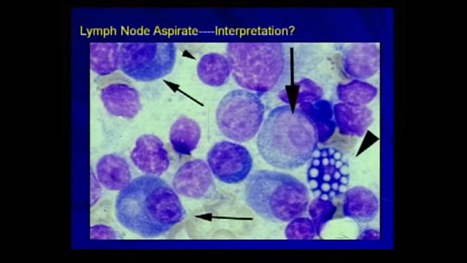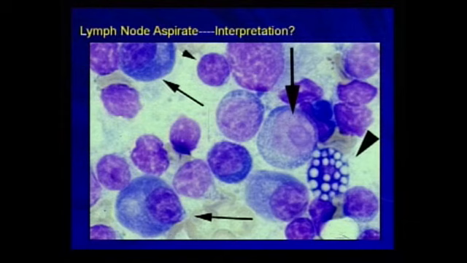The majority of them are small, mature lymphocytes. And then we have 3 or 4 blast lymphocytes. Okay, so we have sort of a range. The other cell on the right-hand side, which is demonstrated by the large arrowhead, is a Mott cell.